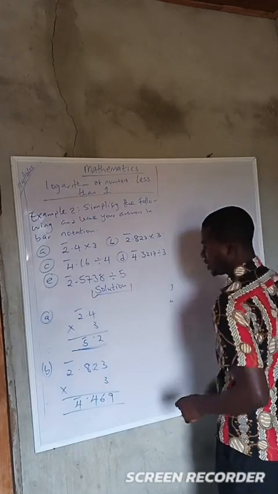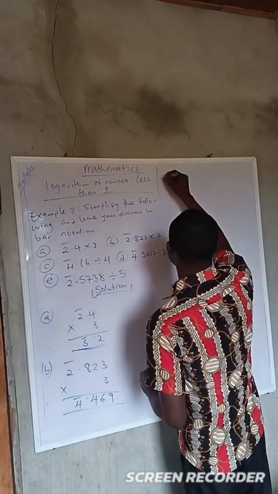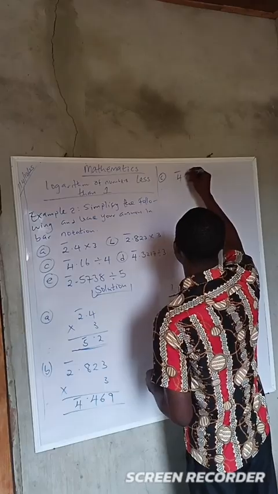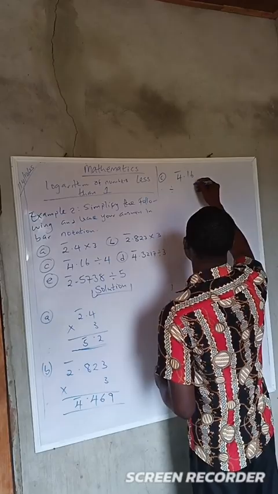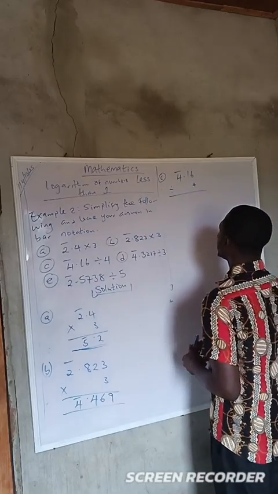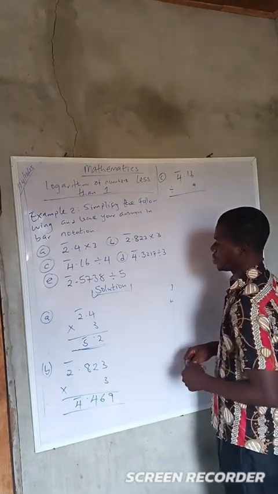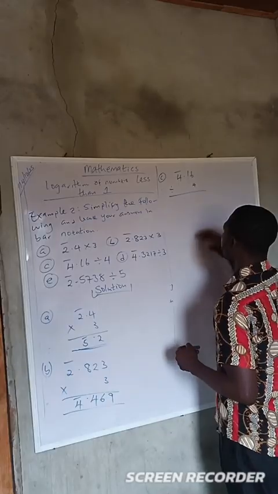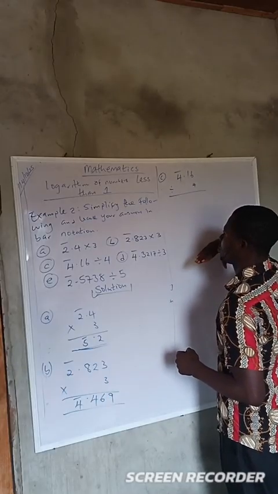Now for the division aspect, we have bar 4.16 divided by 4. When you look at it, the number you have can easily divide this thing.